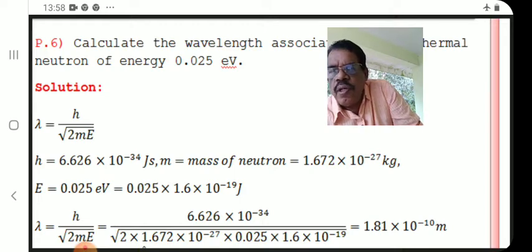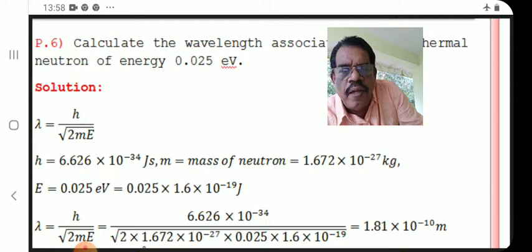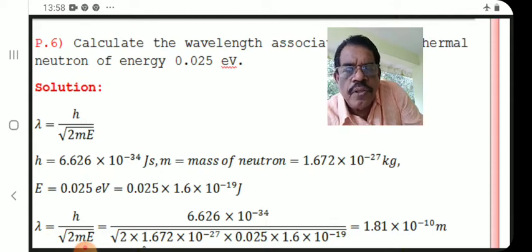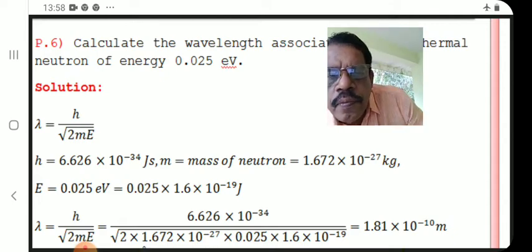So you substitute: lambda is h by root of 2mE, equal to 6.626 into 10 raised to minus 34, all by root of 2 into 1.672 into 10 raised to minus 27, that is the neutron mass, into 0.025 into 1.6 into 10 raised to minus 19, equal to 1.81 into 10 raised to minus 10 meter.